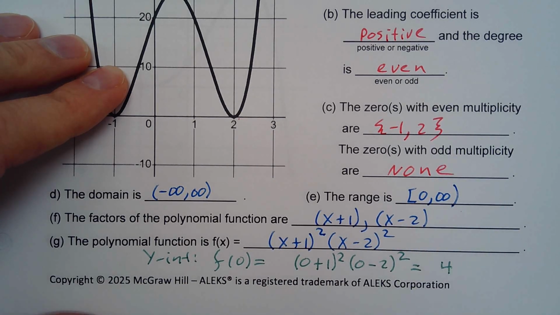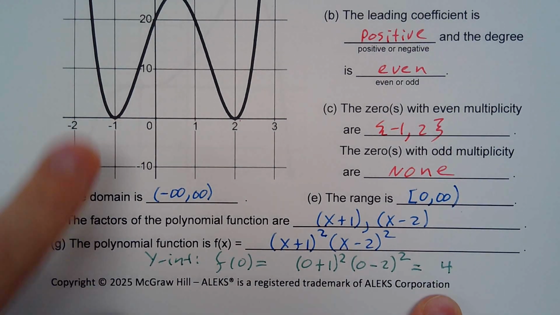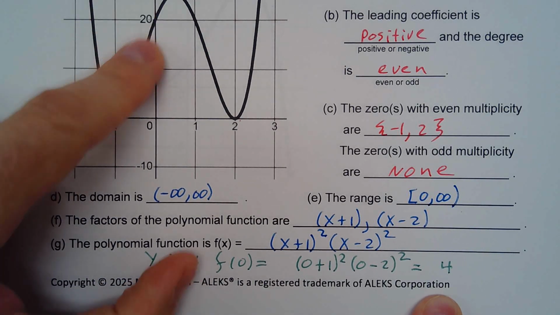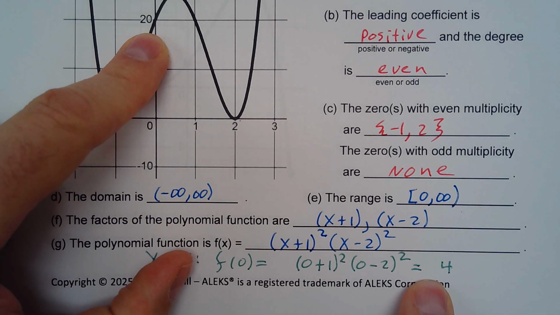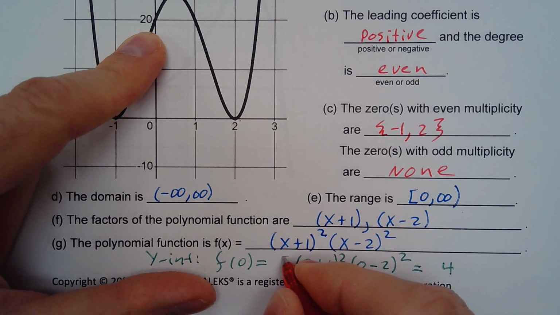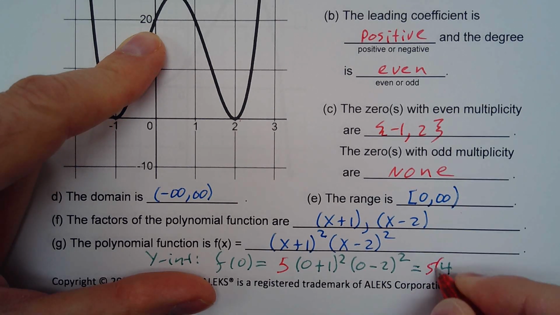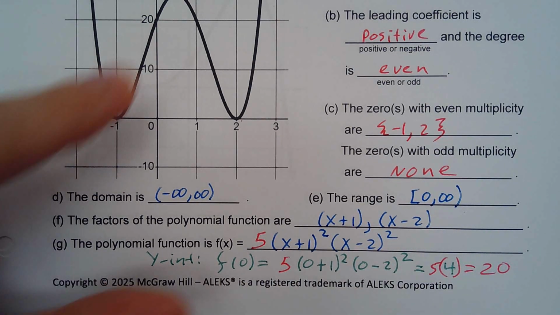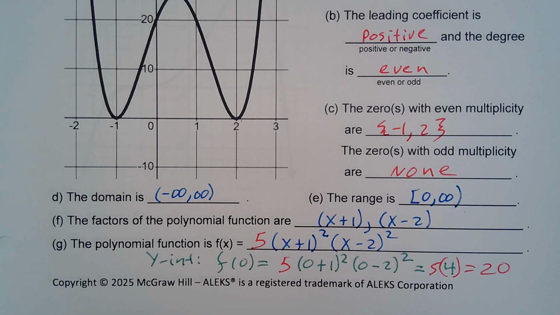Again, leaving some space. But looking at my actual graph, I need a 20 for a y-intercept. Well, if I multiply 4 by 5, that would give me 20. So I'm going to multiply each of these by 5. That means I need to have a 5 in front of this to make the polynomial function work.